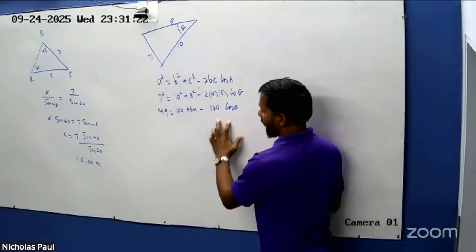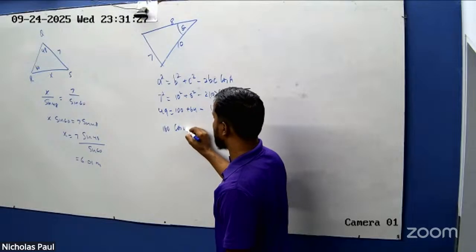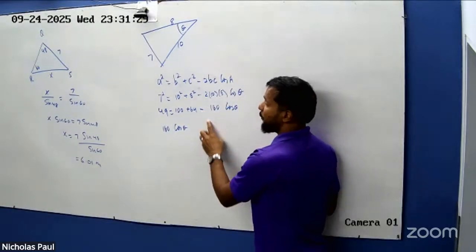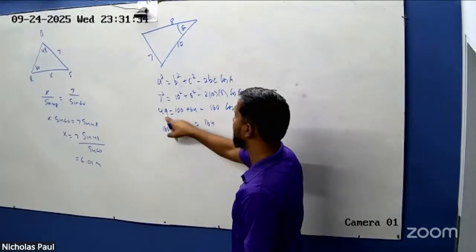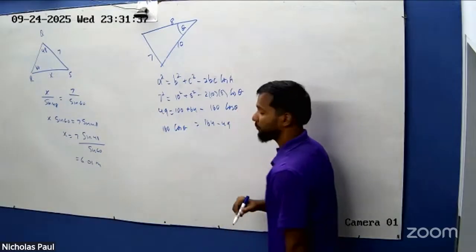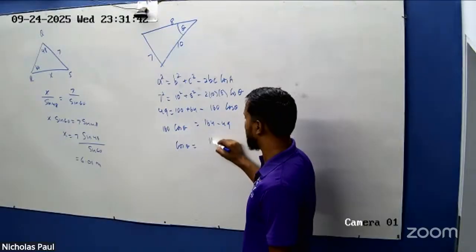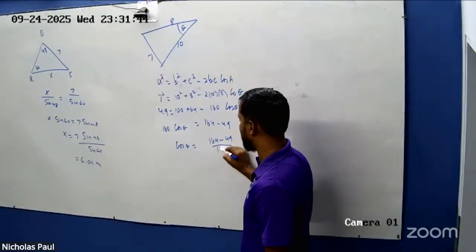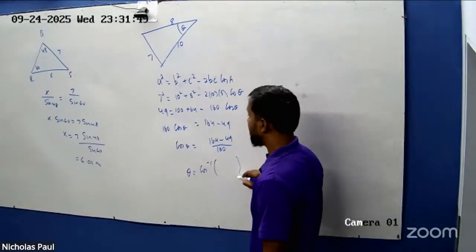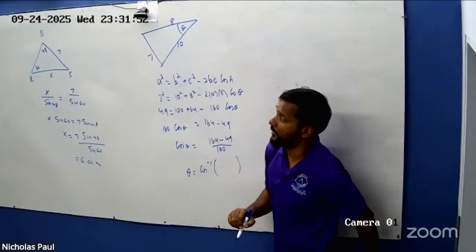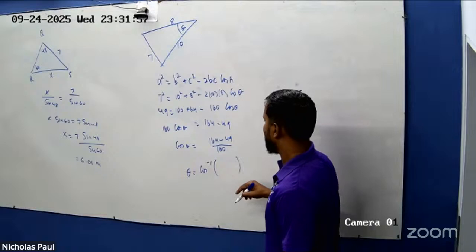Right? Move across the 49. So you'll get 160 cos theta. This is minus. When you move it across, it becomes plus. And here you have 164, and move across 49. Okay? So cosine theta is equal to 164 minus 49 over 160. And then you find cosine inverse, right? It's exactly like the last set of questions I gave you all last Wednesday, I think. How much is this?